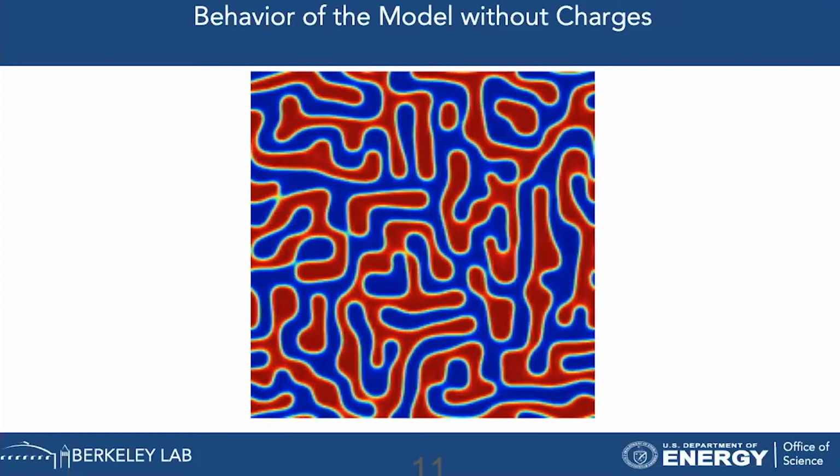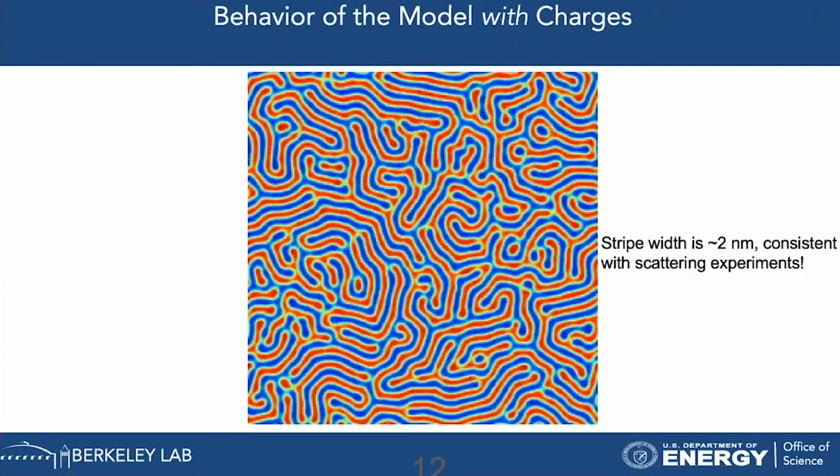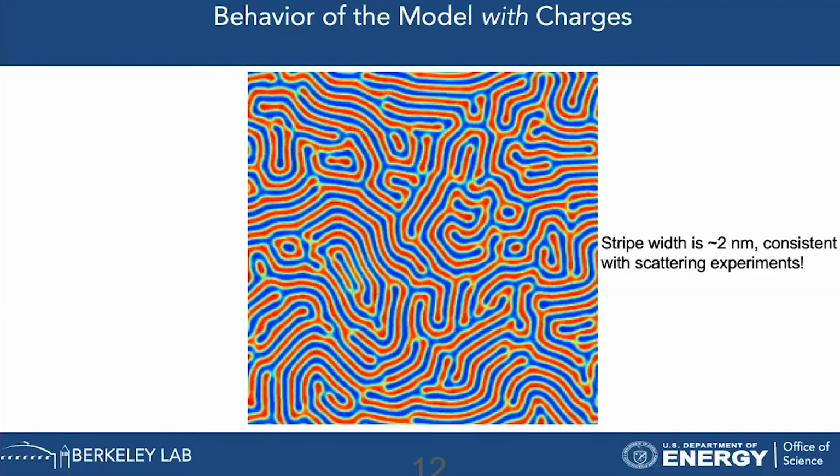So this is a simulation that doesn't go to completion. If it did go to completion, you would see that it fully separates into red and blue, showing that the system in the absence of charges wants to form two distinct phases. So when we add the charges to this system, you see something quite different. These stripe-like patterns form that look sort of like a microphase separation.